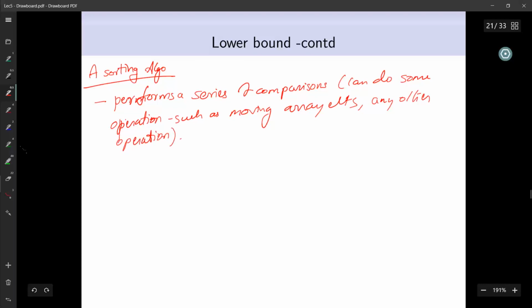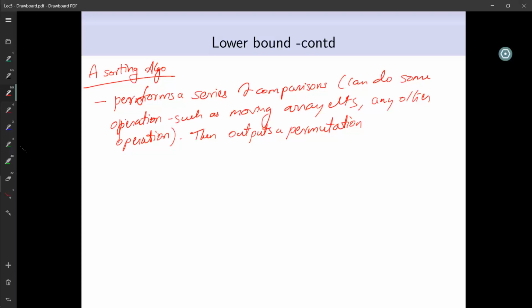And then it outputs a permutation. Instead of the sorted array, we'll just imagine that it outputs a permutation.